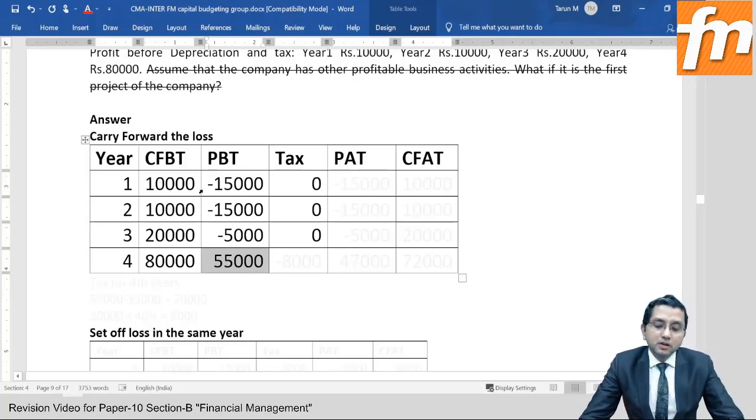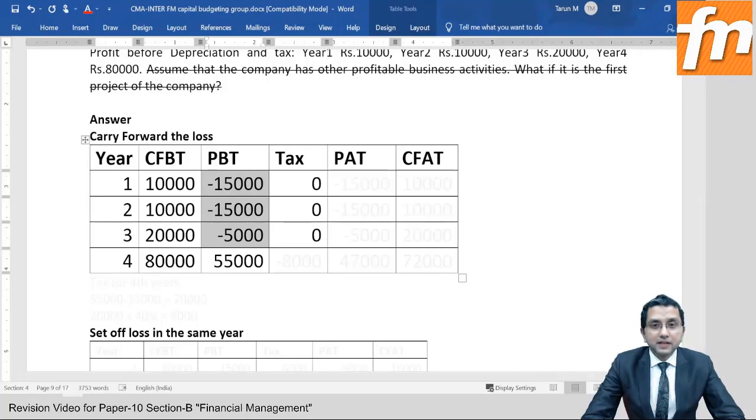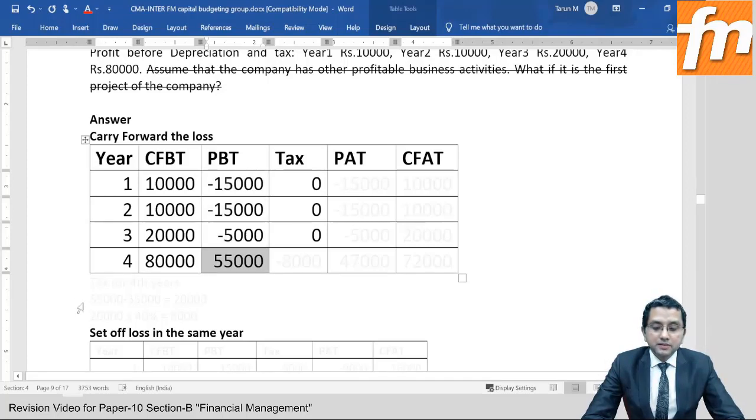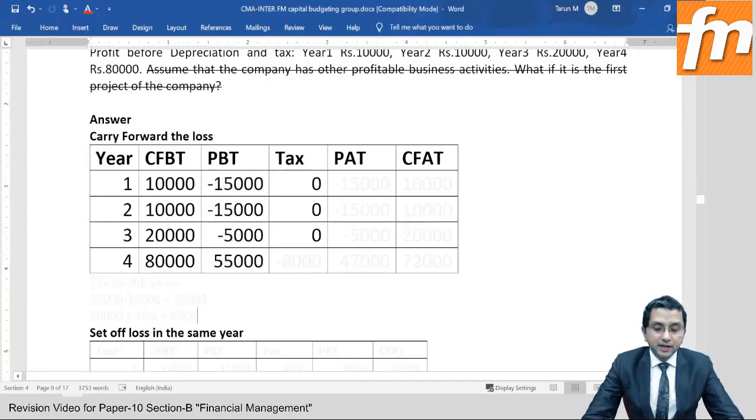Here, if you observe, your carried forward losses are 15,000, 15,000, 5,000, which is 35,000 of accumulated loss. Then you made 55,000 rupees of profit, right?